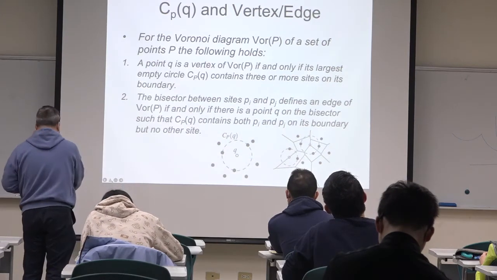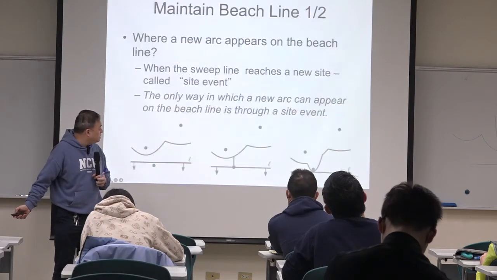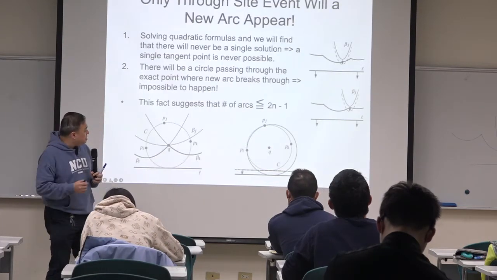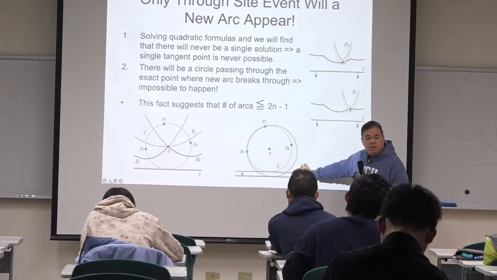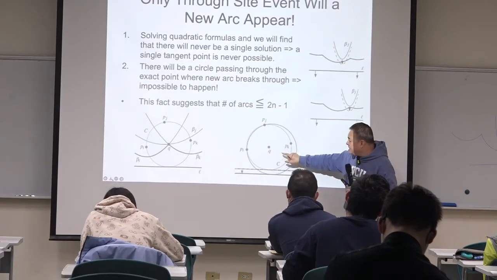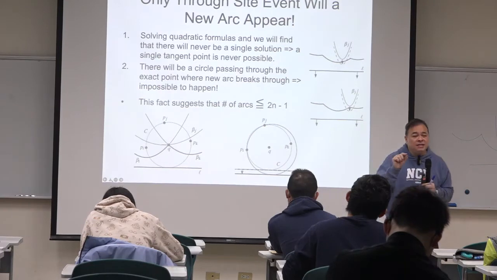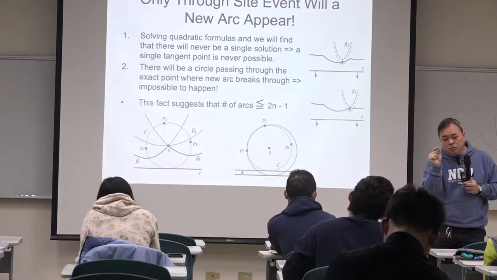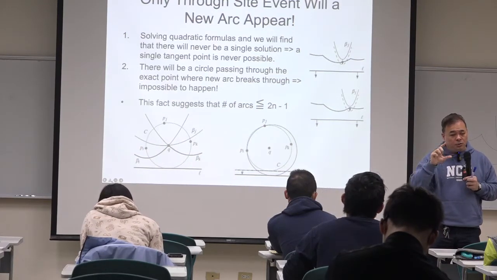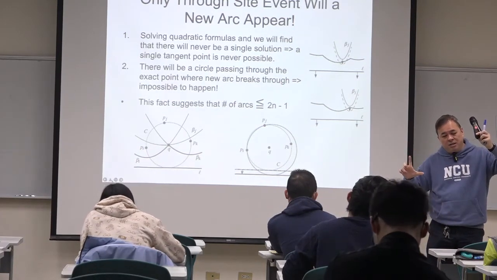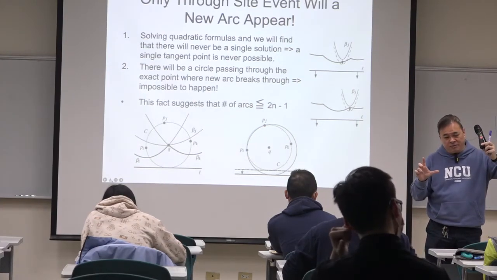But what I want to tell you is that because we move this one very, very small, so small that the center is almost still at Q, we want to see if there's a possibility for any edge that comes out of Q. So when you move, the circle should still move very slowly, right?